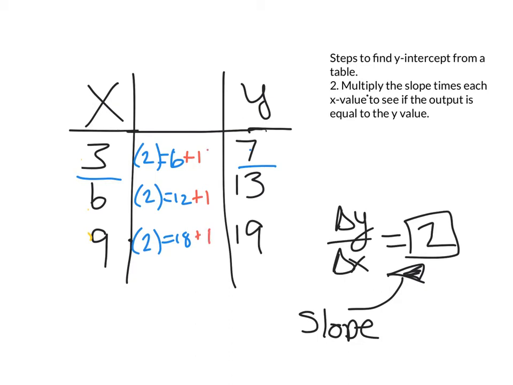So what we see here is this constant pattern of plus 1. This plus 1 is my y-intercept. Because it's positive 1, the y-intercept here is going to be 1. We call this the extra step when we're looking at the table and the relationships. So this is the y-intercept. So let's go look at another example.